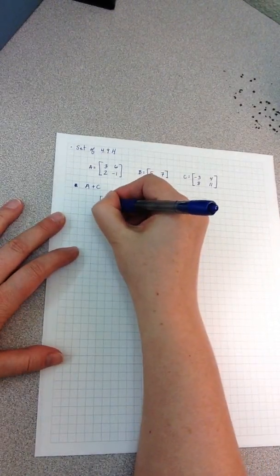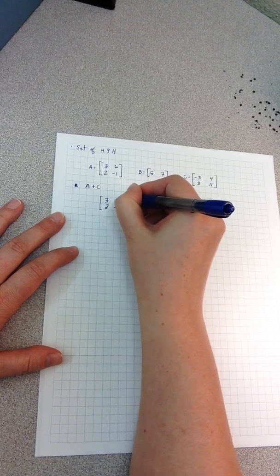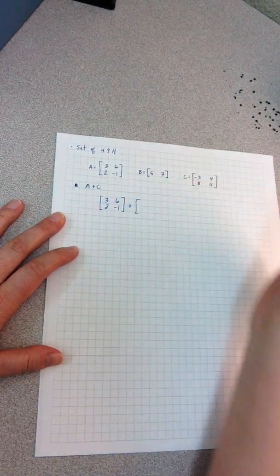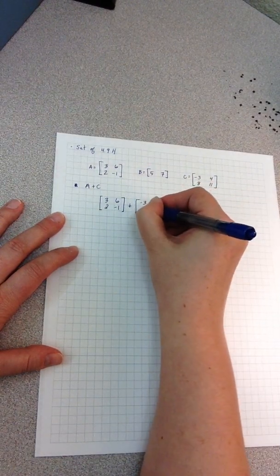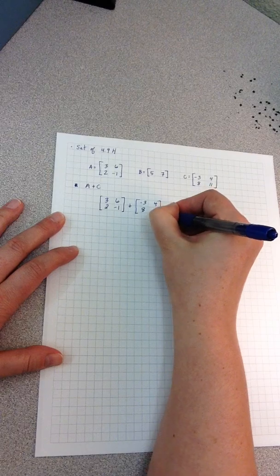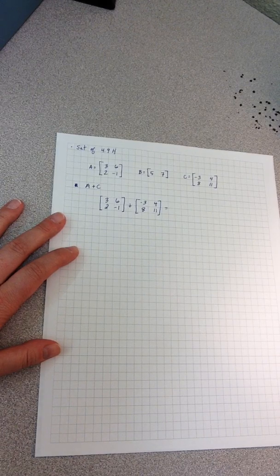I'm going to rewrite matrix A, 3, 6, 2, -1, plus matrix C, -3, 8, 4, 11. When adding matrices, I'm adding the elements, the objects, in the matching spots.